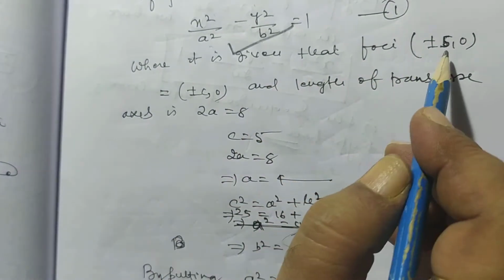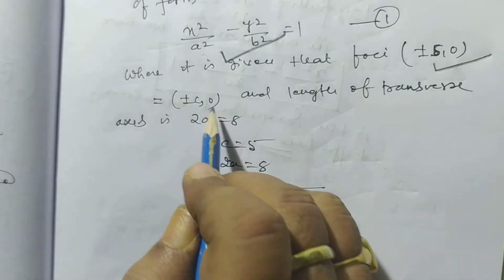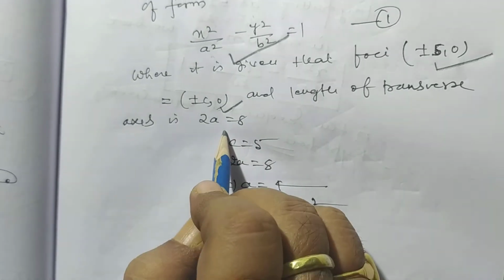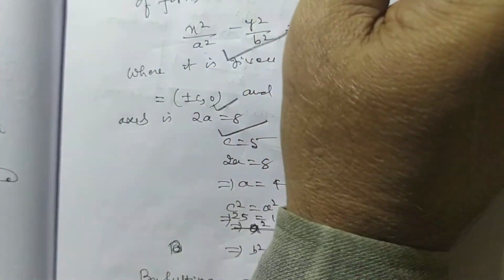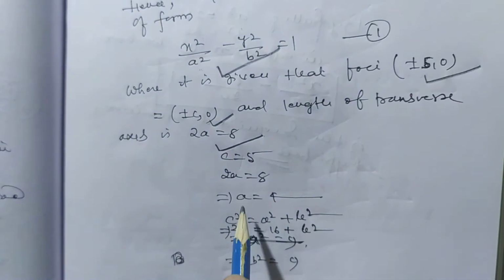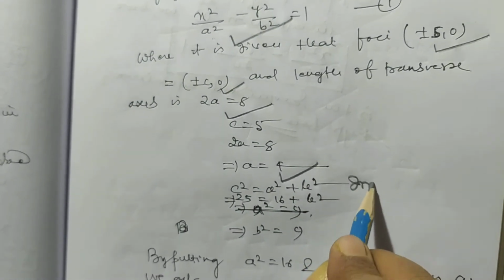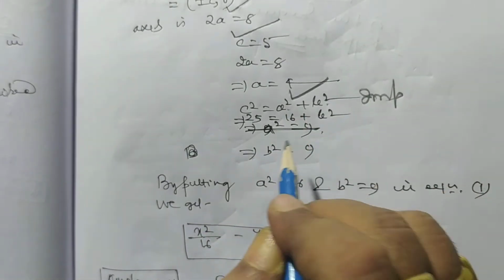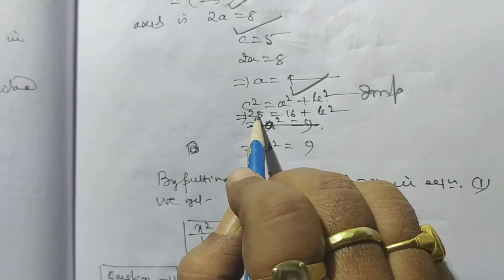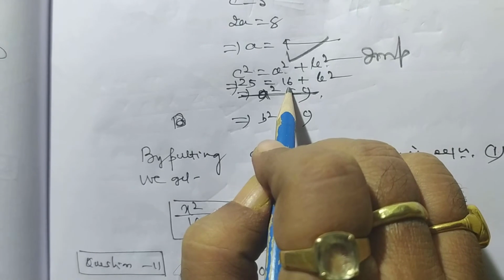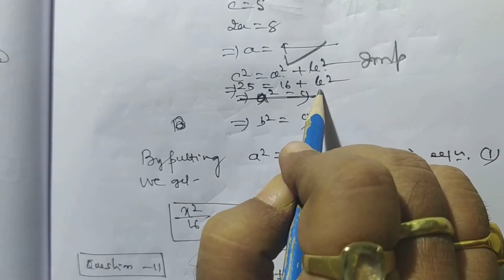Where it is given that foci is plus minus 5 comma 0 and the length of the transverse axis 2a is 8. Here 2a is equal to 8, a is equal to 4, and using this important formula, c square is equal to a square plus b square, c square is equal to 25, a square you have 16 and b square you have to find out.